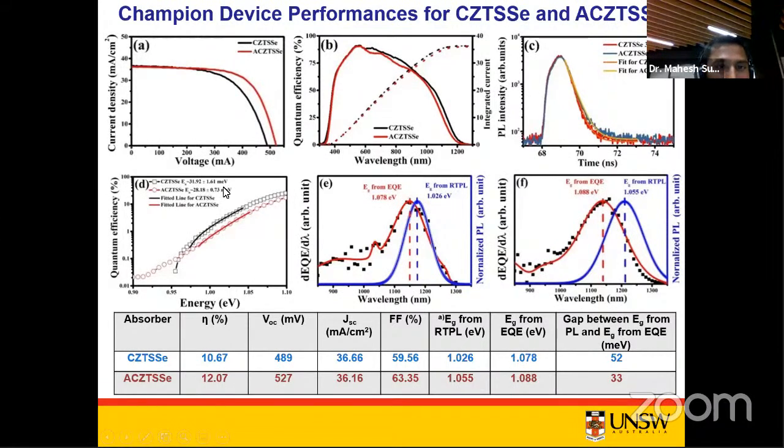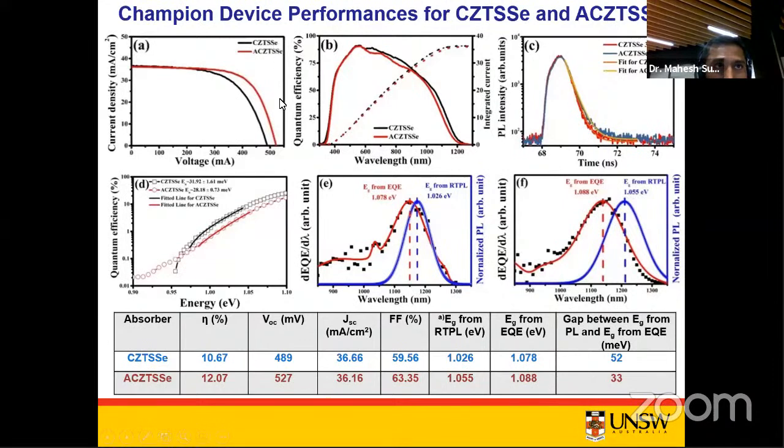So the optimization we carried out is that we initially controlled the compositional ratio, as well as introduced a soft annealing process after the precursor deposition and before the final sulfoselenization of these precursor layers. Also, we optimized the band gap in CZTSSe by finely tuning the S to Se content.